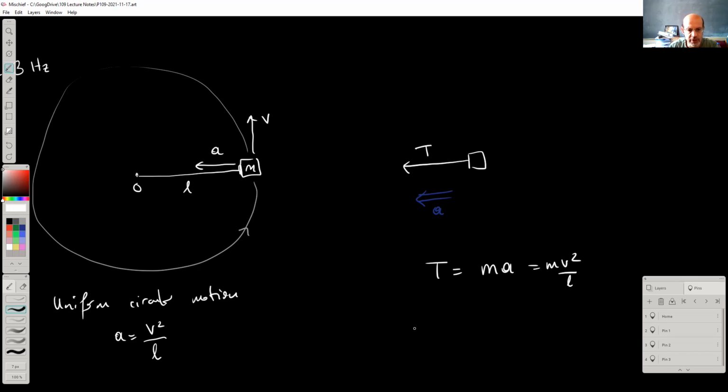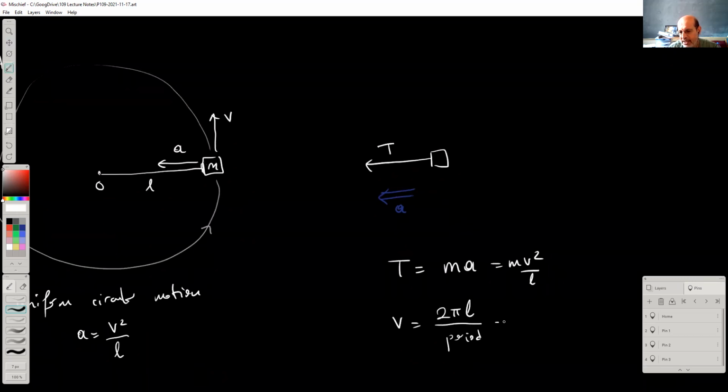Okay, let me just quickly do this. The speed is 2 pi L, which is the circumference, divided by the period. And the period is basically 1 over the frequency. So as a result, I can write this down with the frequency in here.